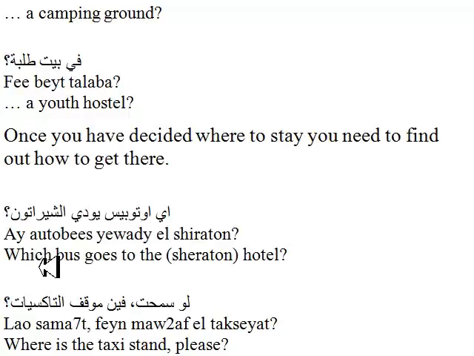We talked about this already in informational questions. If you ask about which, we say أي or أنهي. Remember, this one can be which. أي أتوبيس يودي الشيراتون? Which bus goes to Sheraton Hotel?